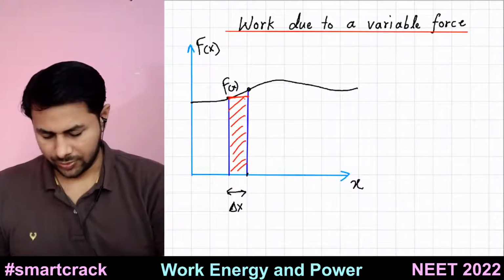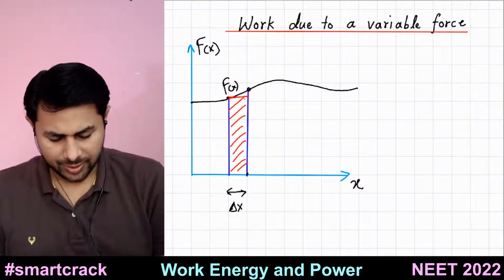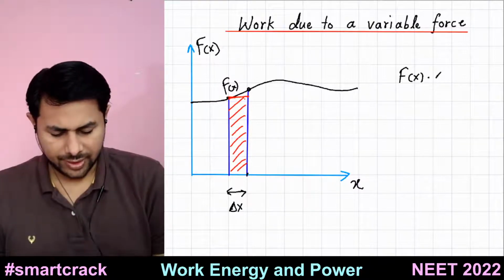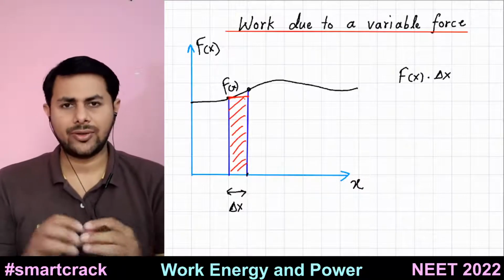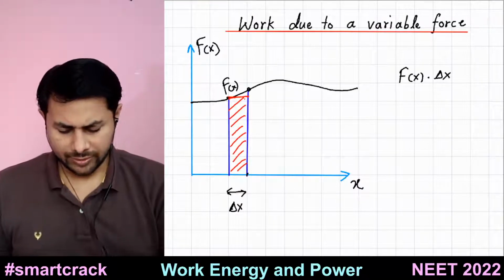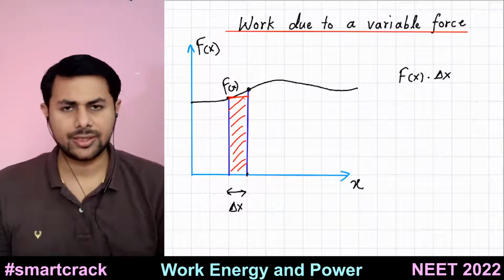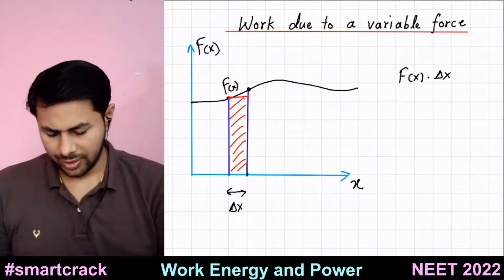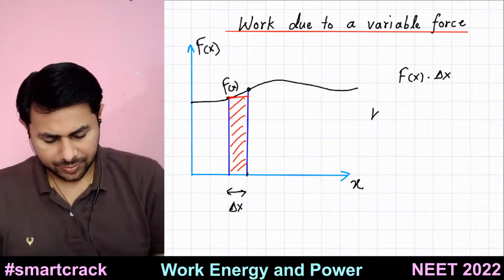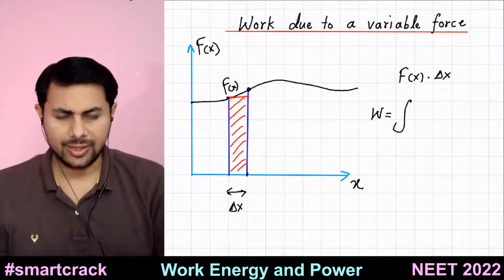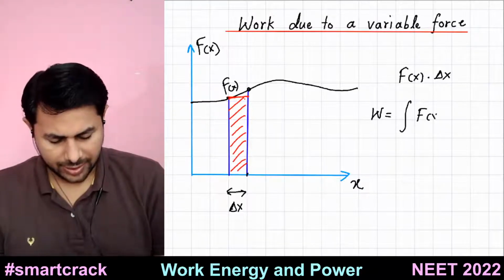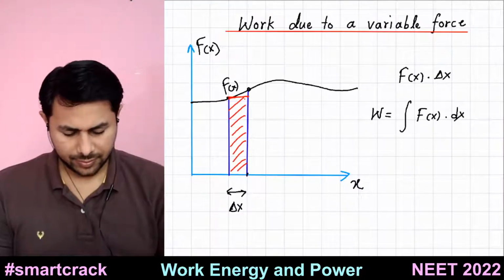So for one area, I can say it will be f at x dot delta x. If you add all such areas, you will get the area under this curve, and we know that area under a curve is represented by an integration. So it is f of x dx.